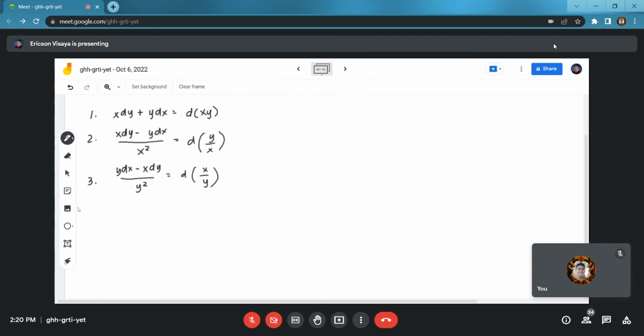Number 4: 2xy dy minus y squared dx all over x squared, which is just the derivative of y squared over x. Number 5: 2xy dx minus x squared dy all over y squared, the derivative of x squared over y.